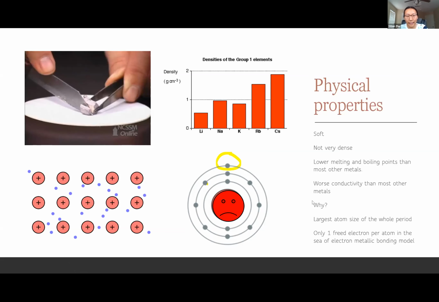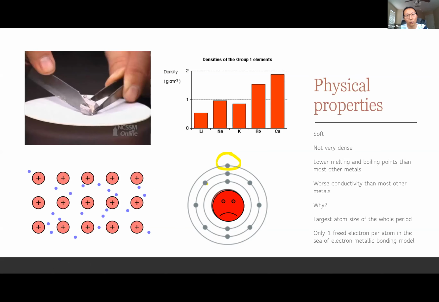The other thing I've got on the slide is that there's only one freed electron for each atom in the sea of electrons model of metallic bonding. So what is the sea of electrons model? The electrons are free to move everywhere, and they serve as a glue between the nuclei of all these atoms, which keeps them together in a giant chunk of metal.